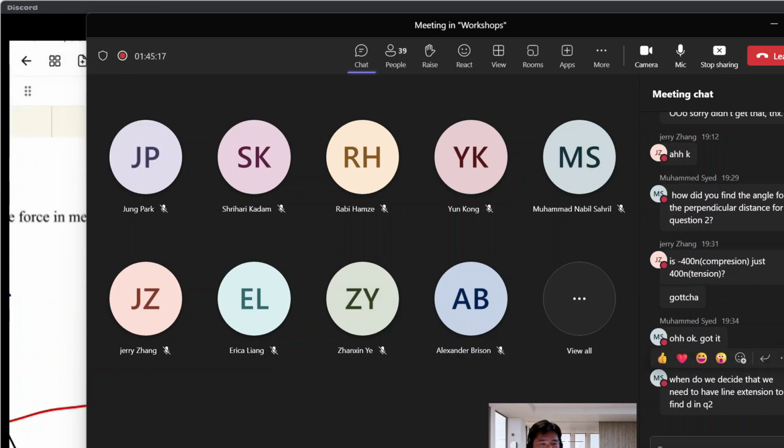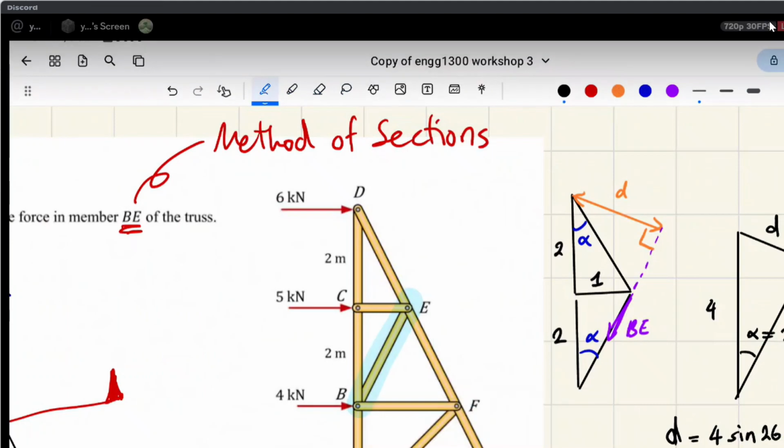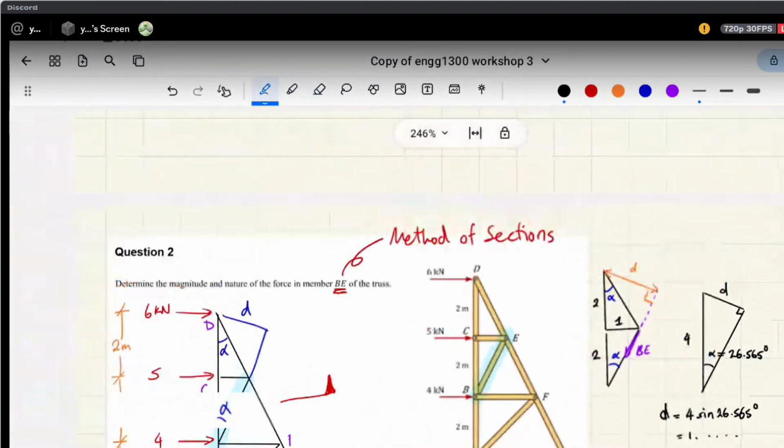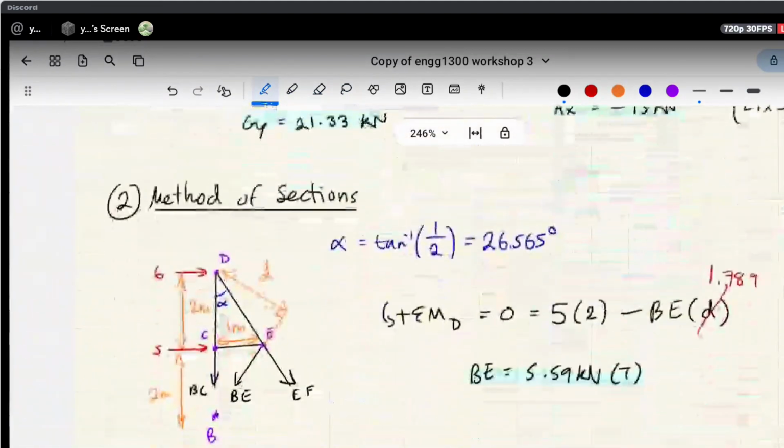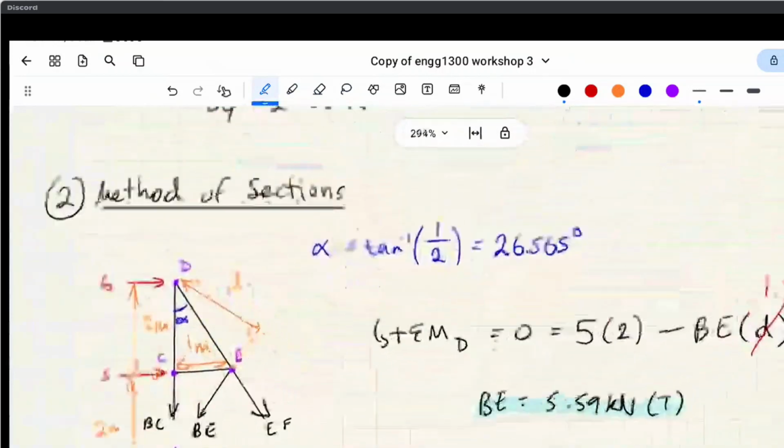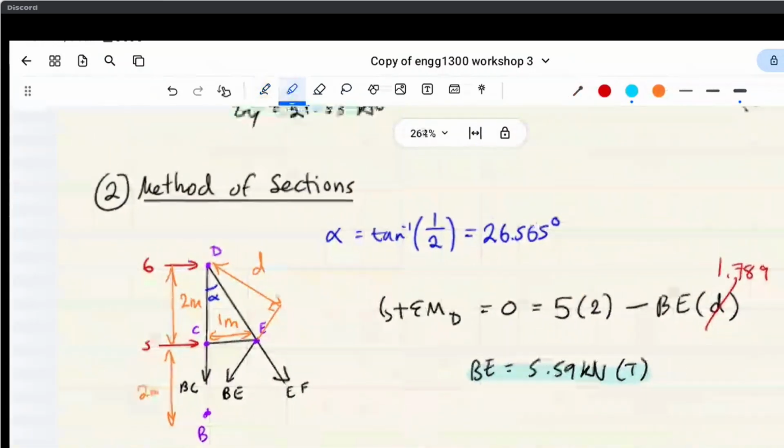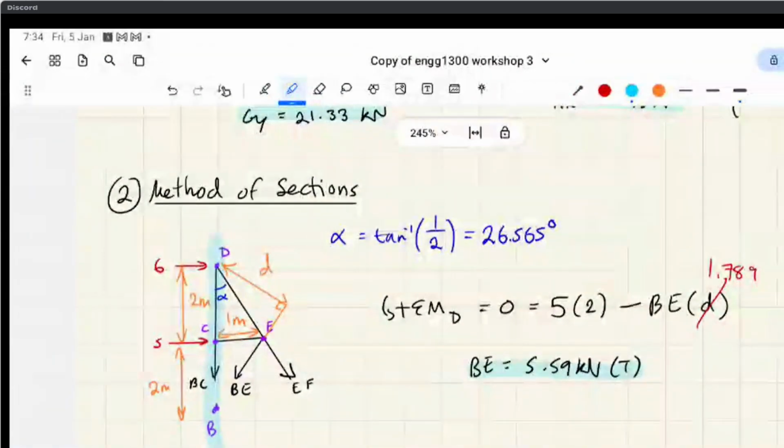When do we decide that we need to have line extension to find D in question two? So pretty much, every force vector always has a line of action that extends infinitely in both directions, right? Like this invisible line. It always does.